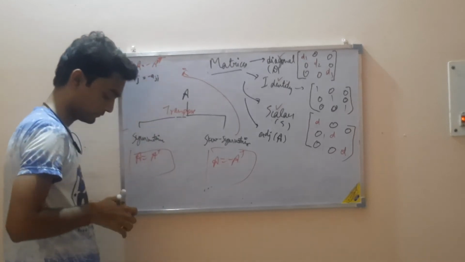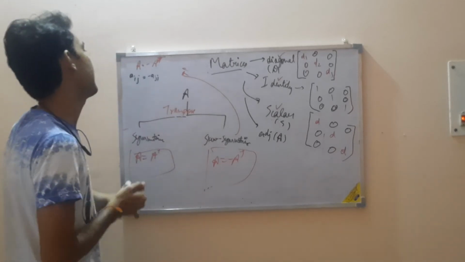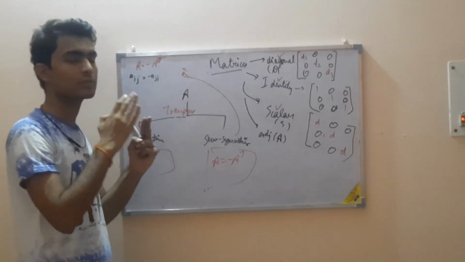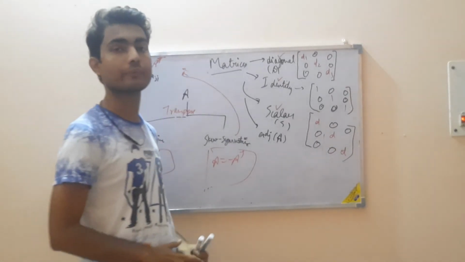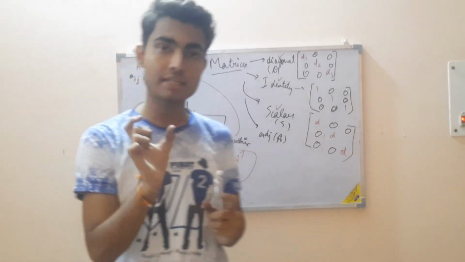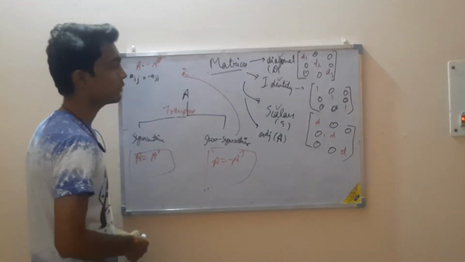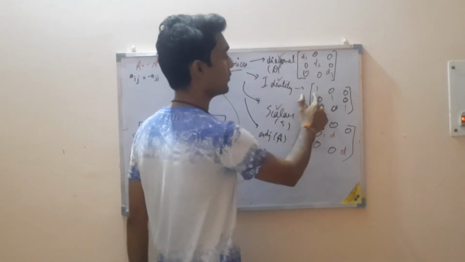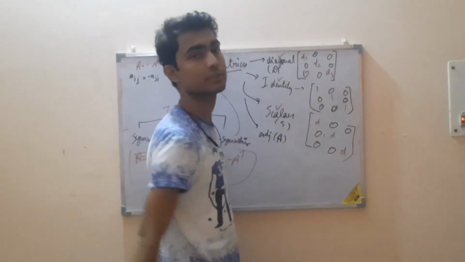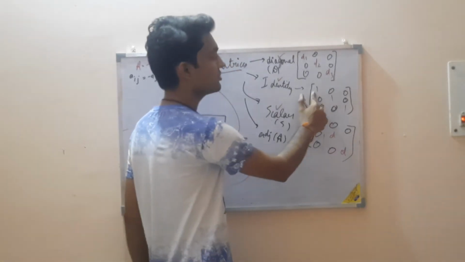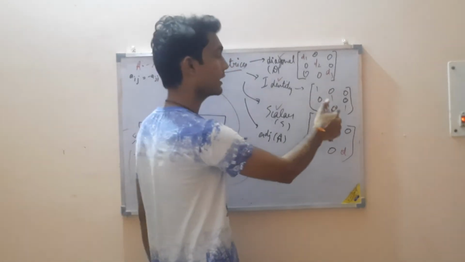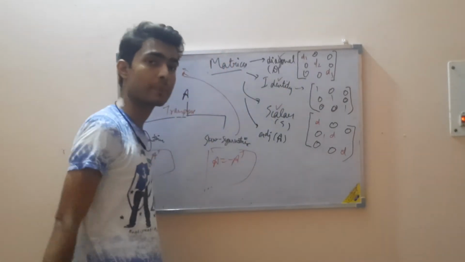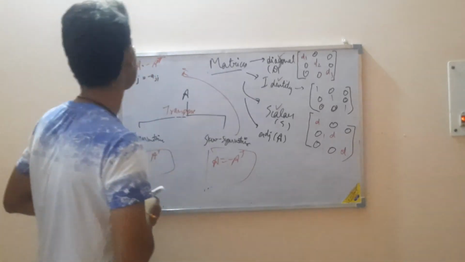Okay, and see, for a diagonal element i is equal to j. I hope you are getting it. We can verify that too here. It is A11, A22, A33. i equal to 1, j equal to 1, i equal to 2, j equal to 2, i equal to 3, j equal to 3. So for every diagonal element i is equal to j.